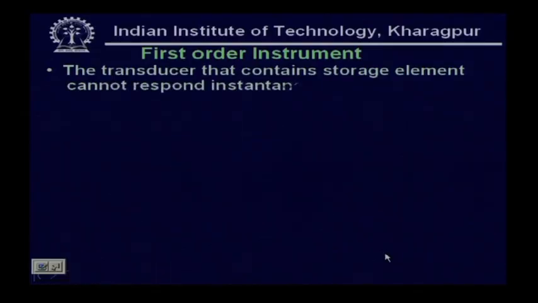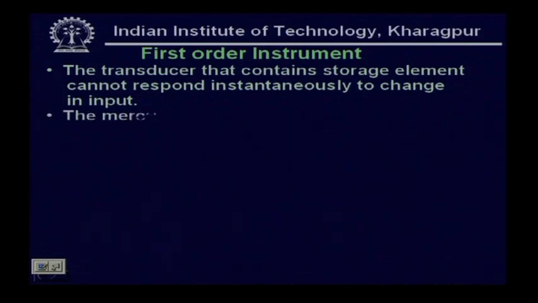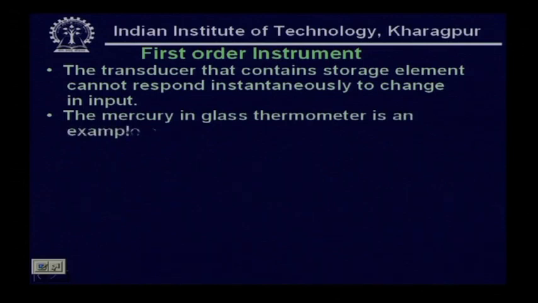Now, next we will consider a first order instrument. The transducer that contains the storage element cannot respond instantaneously to change in input. The mercury in glass thermometer is an example of a first order instrument.